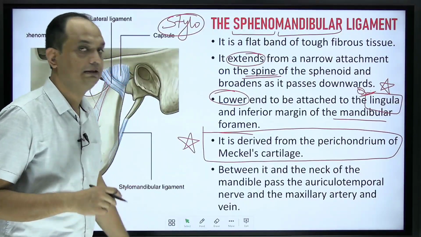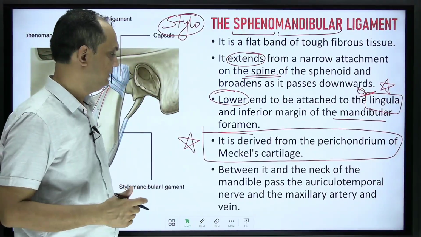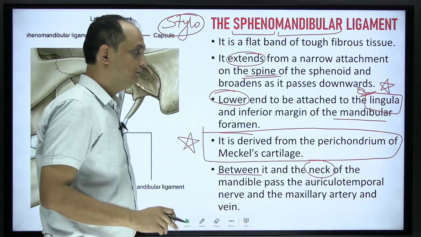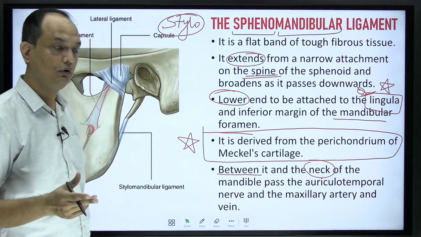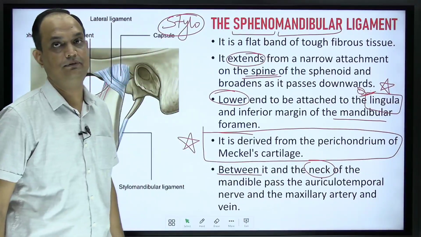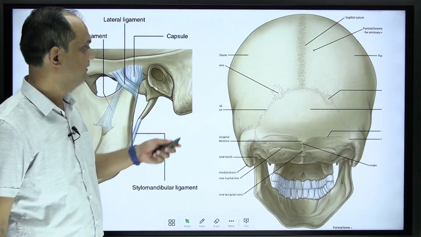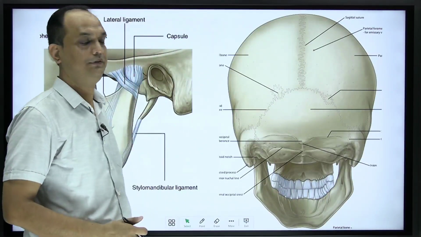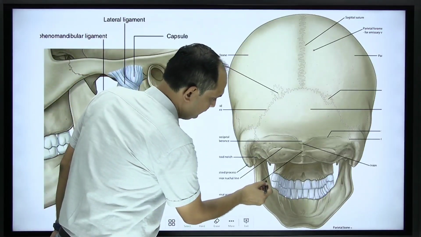Now when you see the sphenomandibular ligament, between this ligament and the neck of the mandible, you have three structures. One is the auriculotemporal nerve, second is the maxillary artery, and third is the maxillary vein. So in this diagram, if I would like to locate the sphenomandibular ligament, this is the lingula.